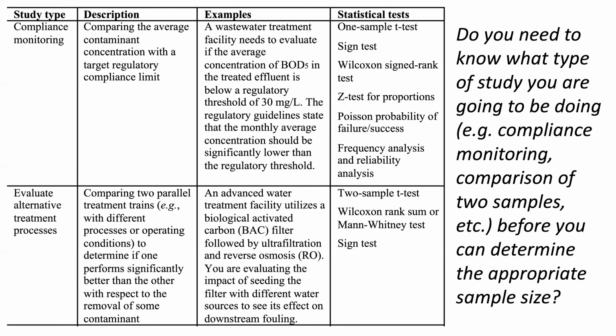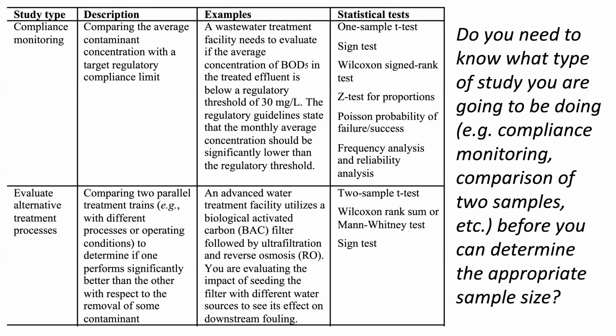And the next thing we need to think about is, do you need to know what type of study you're going to be doing before you can determine the appropriate sample size? So do we need to know if it's a compliance study, or a type of study where we are comparing two different processes, before we can determine the appropriate sample size?